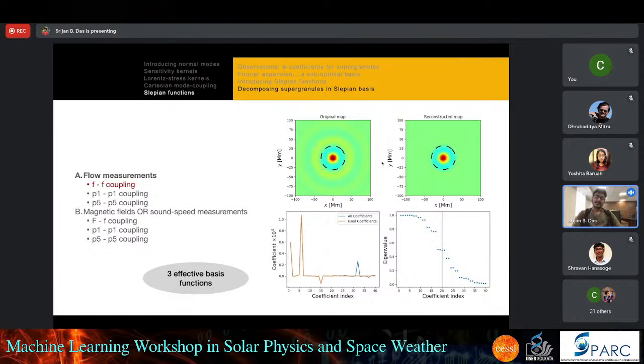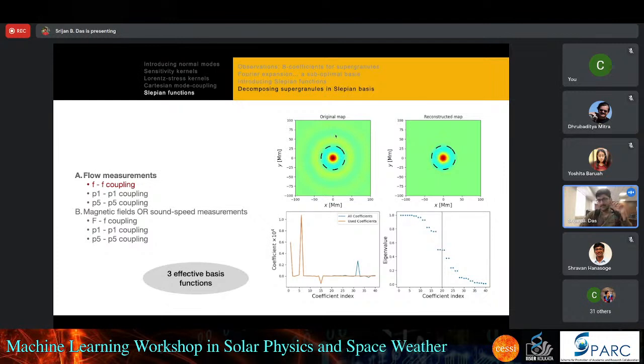So these are the B coefficients that I showed you before. So these are the observations, right? This is what we kind of observe. It's not the most straightforward thing to imagine how you would get this from the measurements, but for now, let's say you see this when you look at a supergranule. On the left is what we have as the original map. And as we know, the supergranule has an extent of plus minus 30 megameters from the center of the supergranule.